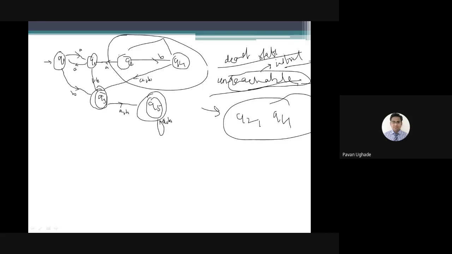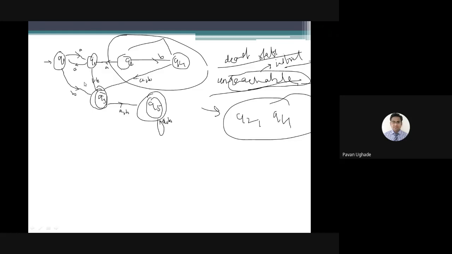Even if there is no direct path possible to reach q2, whether there is an indirect path. Just like for q5 we have seen there is no direct path possible, so we considered an intermediate node, that is q3. So q0 to q3 we have moved, from q3 to q5 we have gone, right?